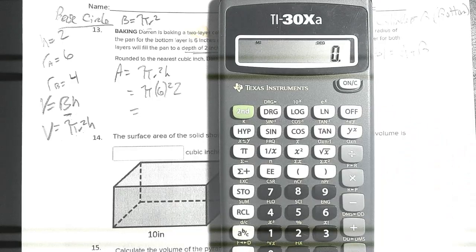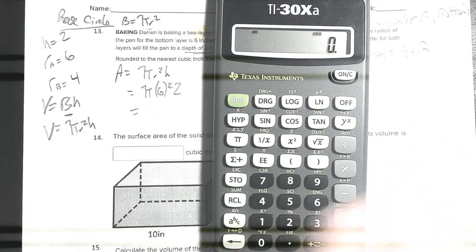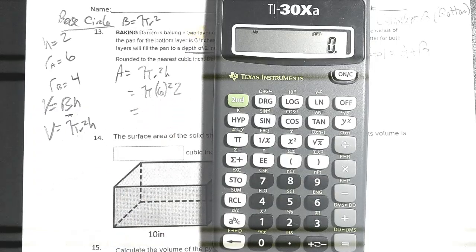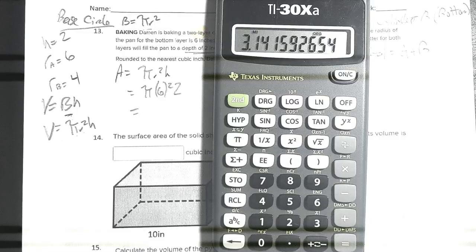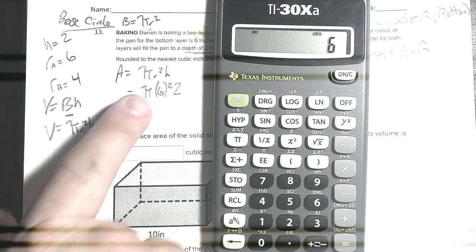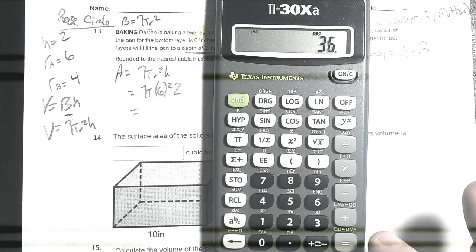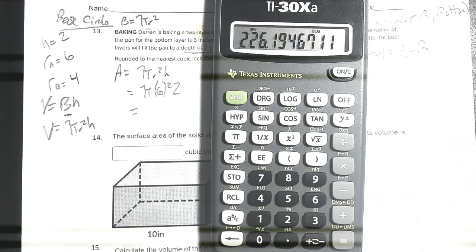All right, so we're going to type it in just like this. It's multiplied. So we're going to go pi. See how it typed out the number. Times 6 squared times 2 equals.